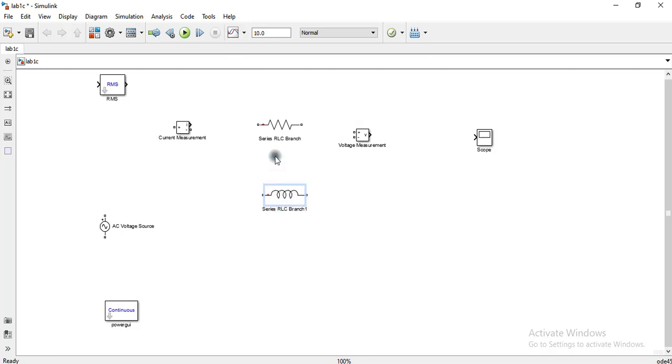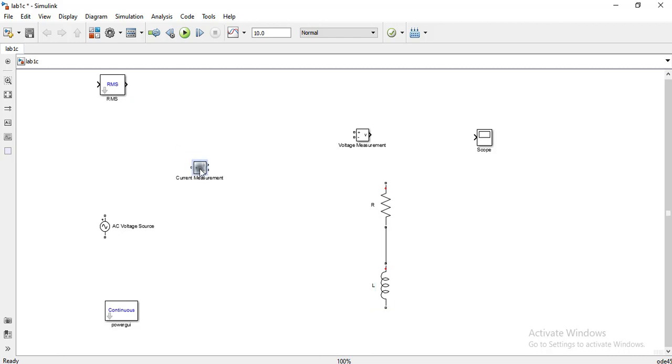Okay, this is resistance and this is inductance. Now connect them together.